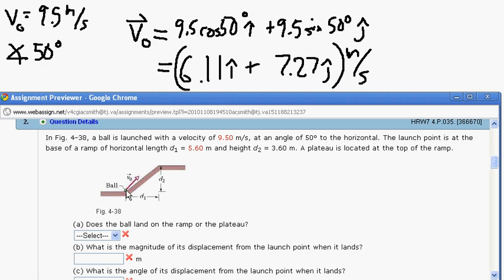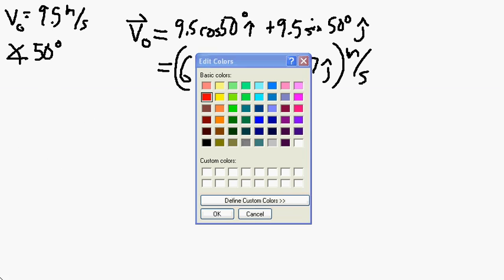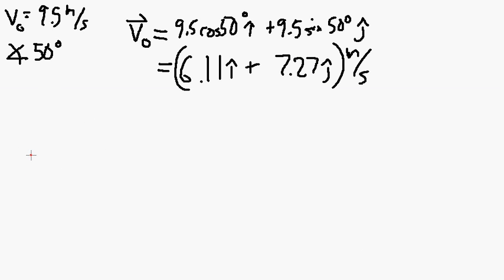So what I'm going to do is figure out an expression for the x position of the ball and the y position of the ball. I think you know what I mean. Let's set up a coordinate frame here. There's y, there's x, and we have the ball start at the origin.